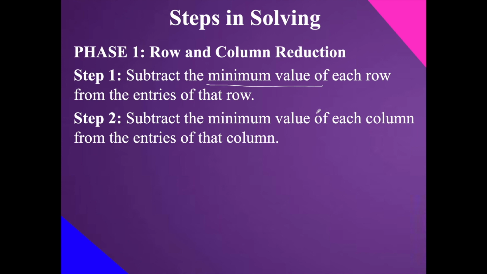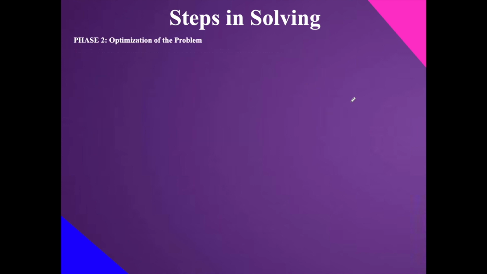Therefore, kailangan muna nating hanapin kung ano ba yung minimum value nung isang row. Kada row daw to. Tapos pag nahanap natin yung minimum value nun, isa-subtract natin sila. No, I hope you get it. So, let's find our minimum value.